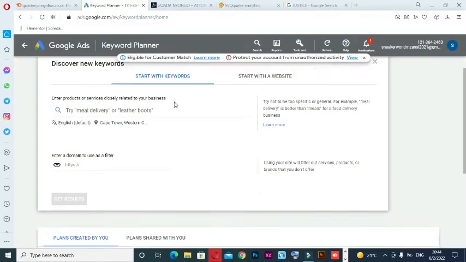It's a handy tool to know how many people are searching for a specific word, and what you want is to target a keyword which has the most searches, so that you appear whenever people are searching for a specific query.